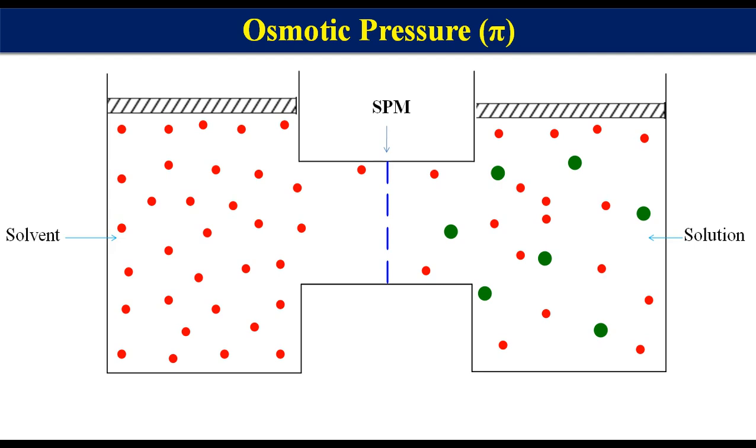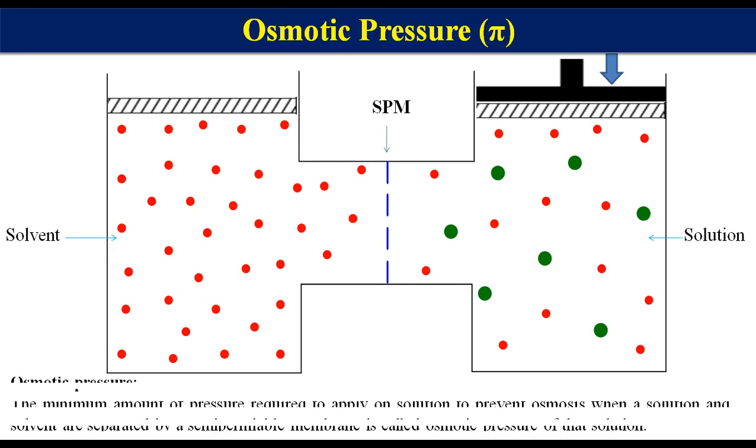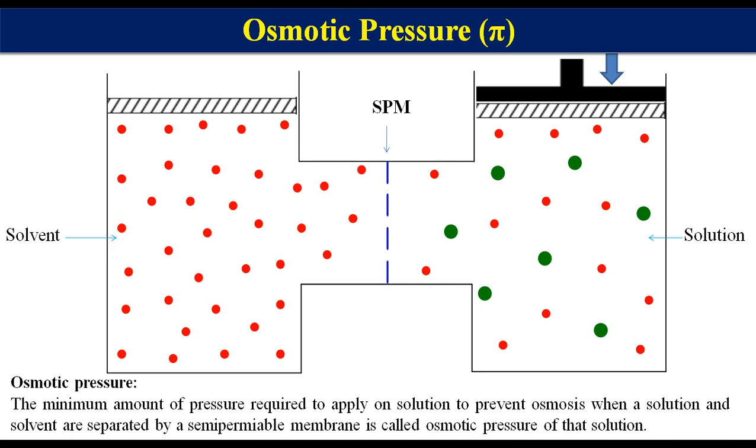We can prevent this process by applying a pressure on the solution. The minimum amount of pressure required to apply on the solution to prevent osmosis when a solution and solvent are separated by a semi-permeable membrane is called osmotic pressure of that solution.